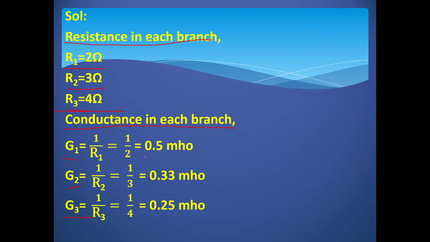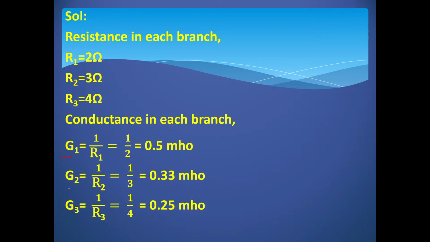Everyone won't think in the same pattern, isn't it? Some people may like the first method, some may like the second method. That's why I'm solving one problem in one method and the other in the second method. So let us see the second method, how to solve the same numerical problem using Millman's theorem.